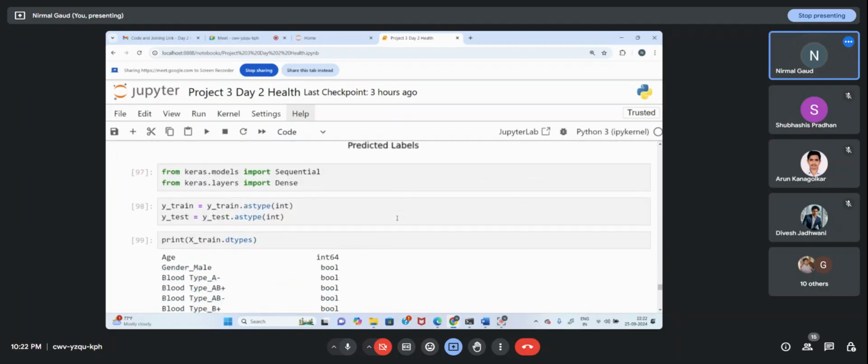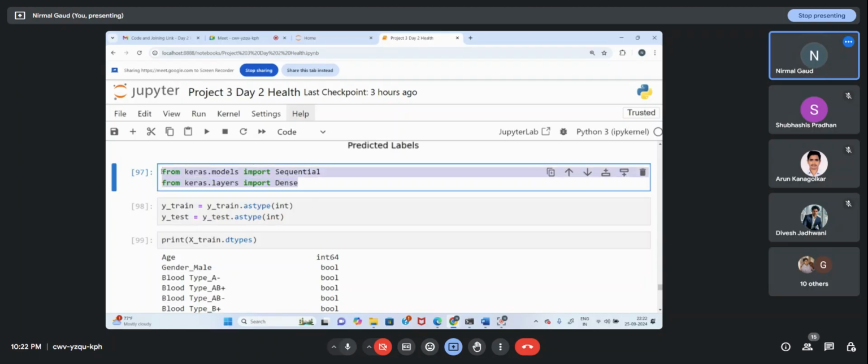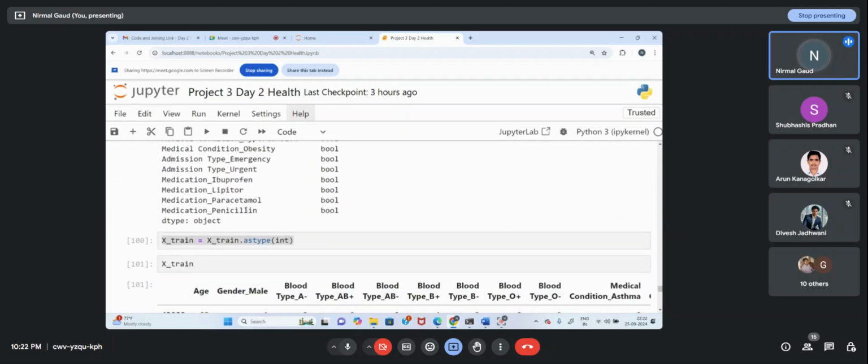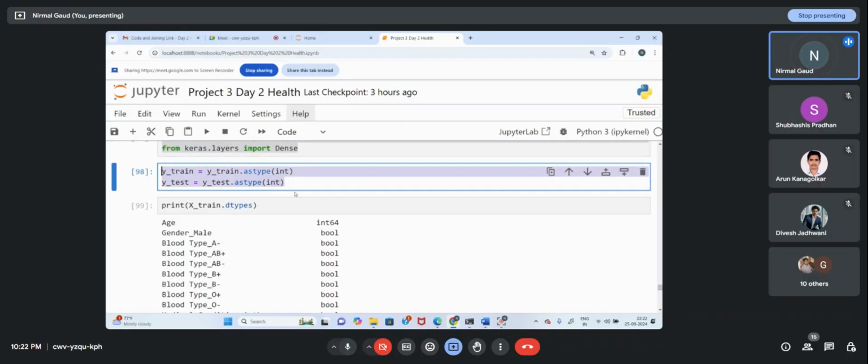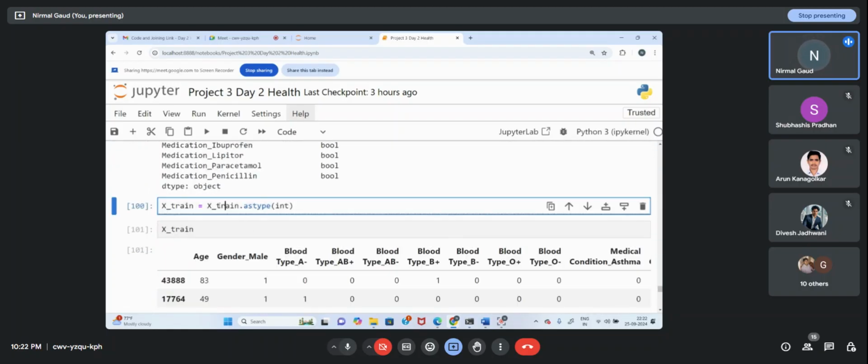Yes, I did. I took a Sequential model, I took a Dense layer. These things I took, and then I converted X train, Y train, Y test, X test to integers, to numerics, because you can see that your X values are true false.